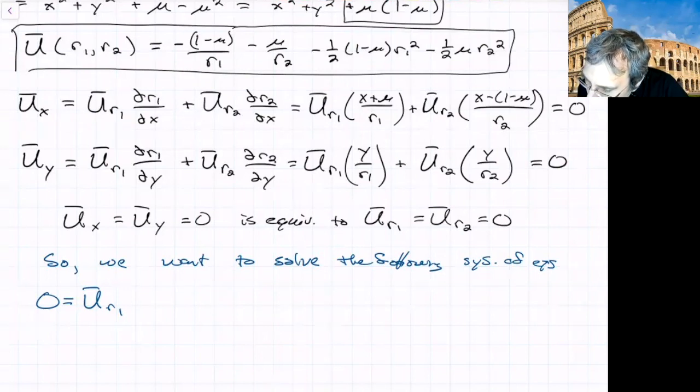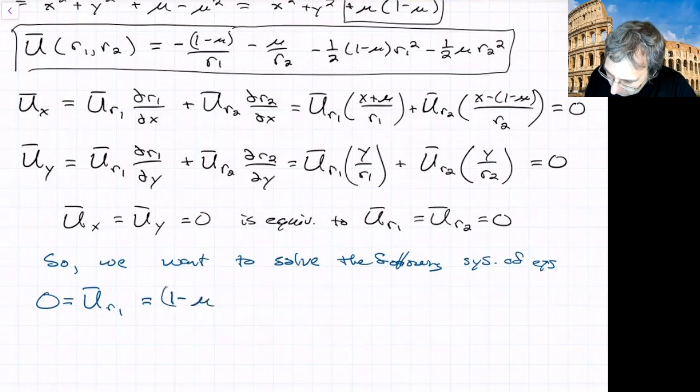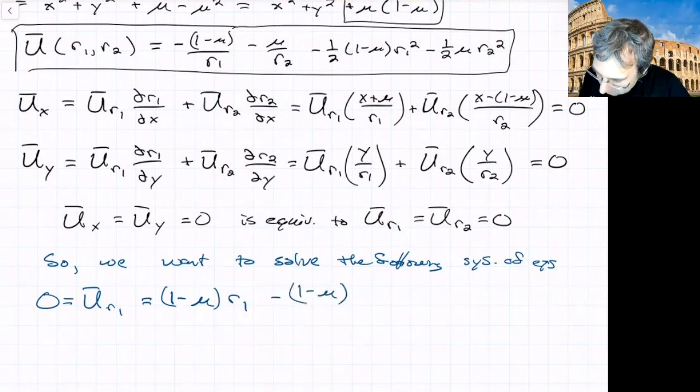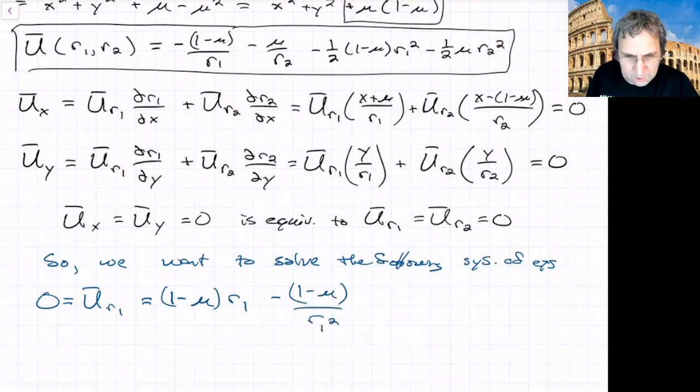U bar R1 equals (1 minus mu) over R1, minus (1 minus mu) over R1 squared. Well, we pick up a plus. So I think this is a minus and this is a plus.